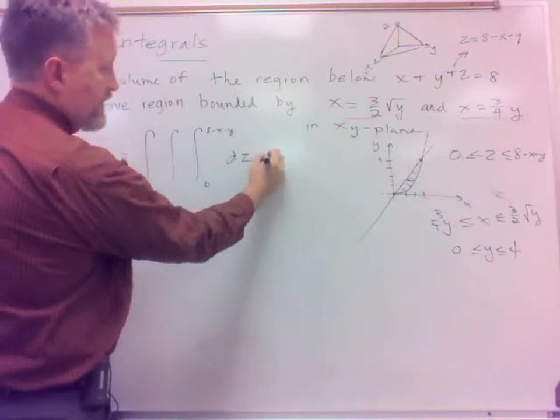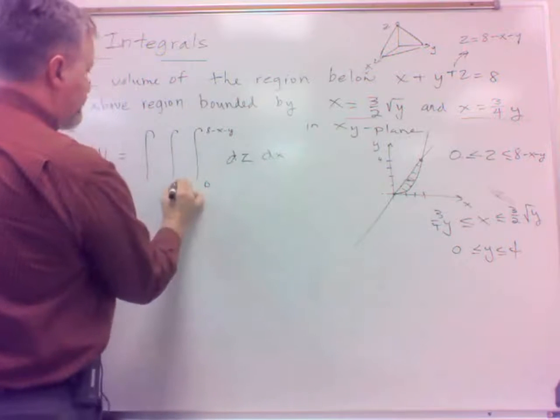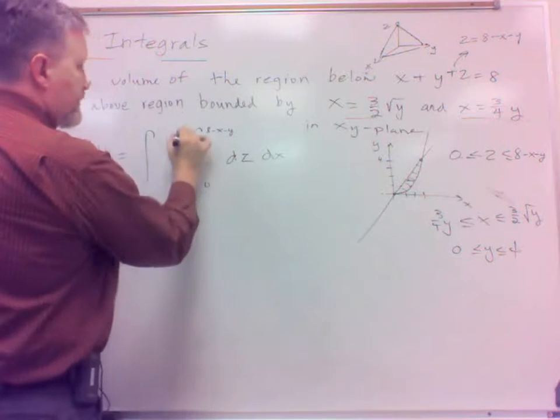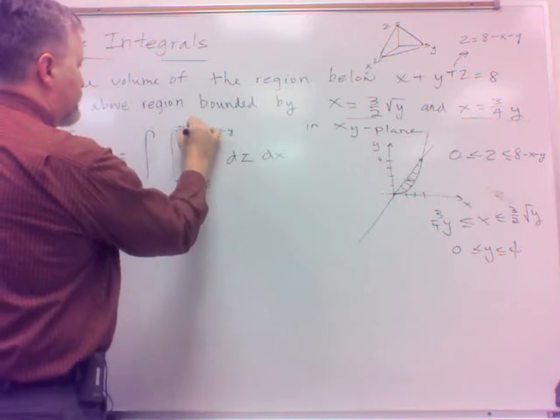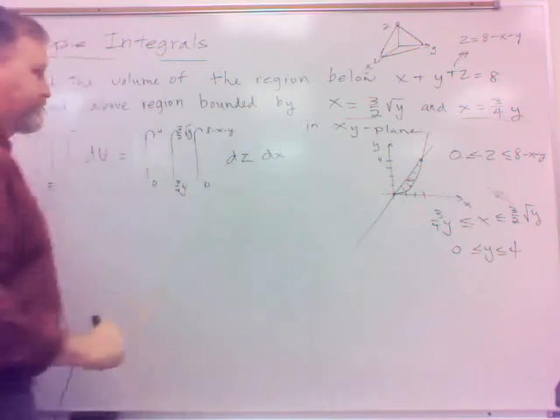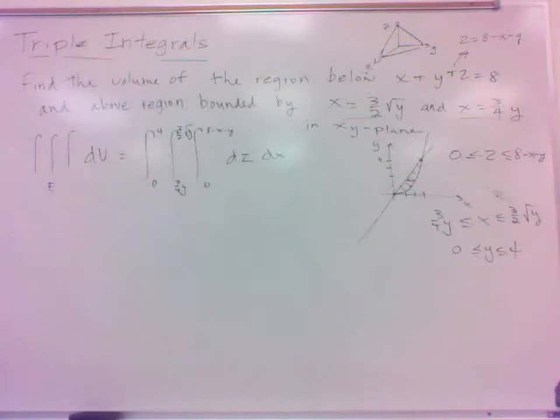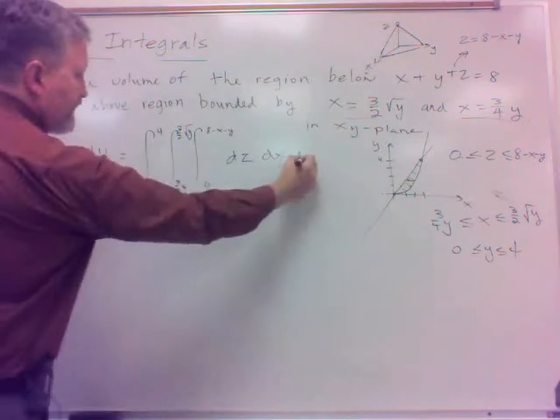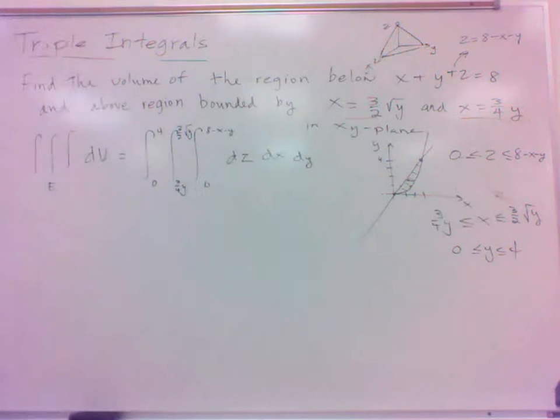Then we're going to do the x's, so those go from 3/4 y to 3/2 square root of y. And then y's go from 0 to 4. And then that's our dy.